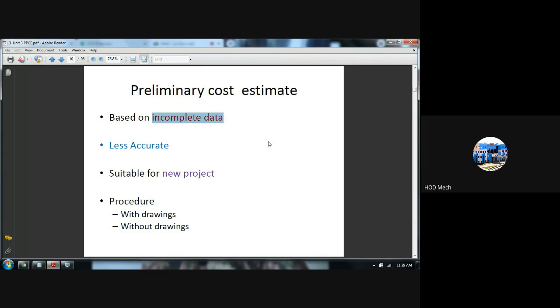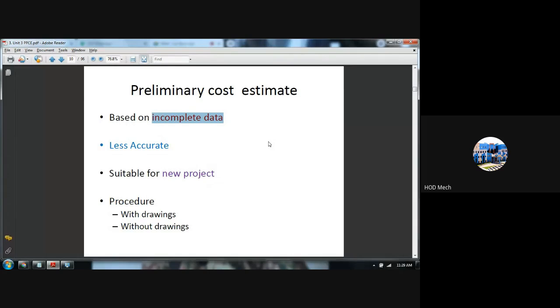When you move on with incomplete data, where there is a chance of changes in the cost, then obviously the final cost you get in the preliminary cost estimation will be vague. It is not accurate because there are certain areas which you cannot fix.